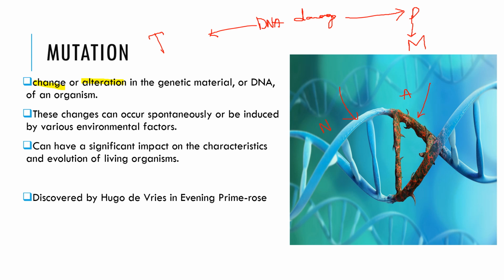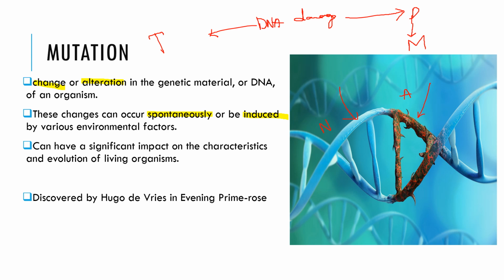These changes can occur spontaneously or be induced by various environmental factors. We will discuss later which environmental factors are responsible for inducing mutation. Mutation can have a significant impact on the characteristics and evolution of living organisms. As you know, evolution is because of mutation.